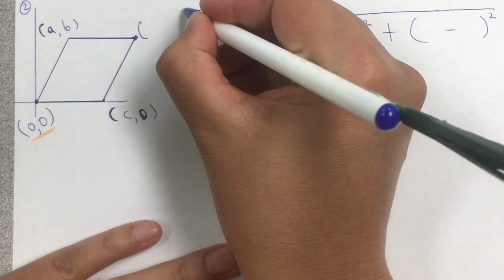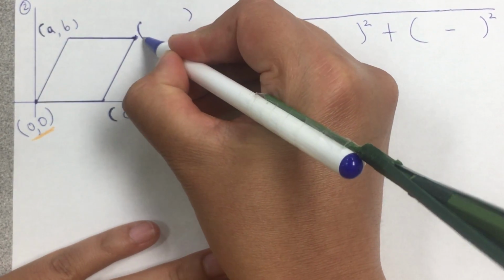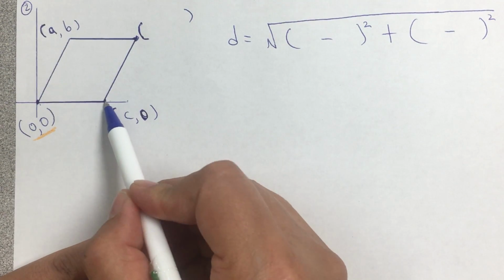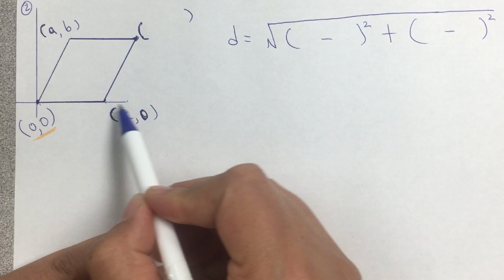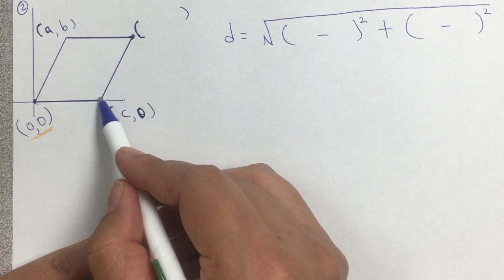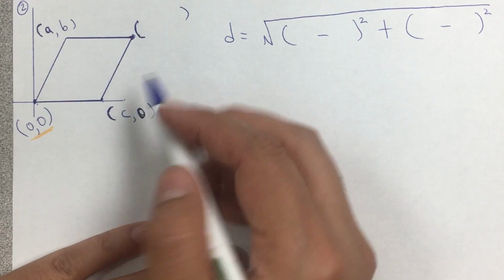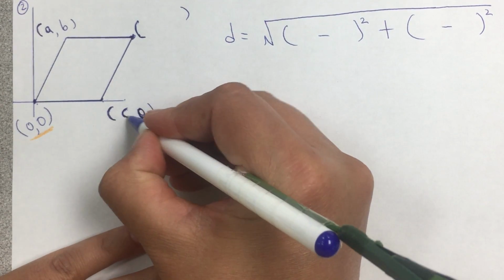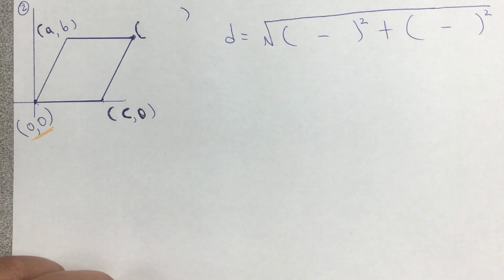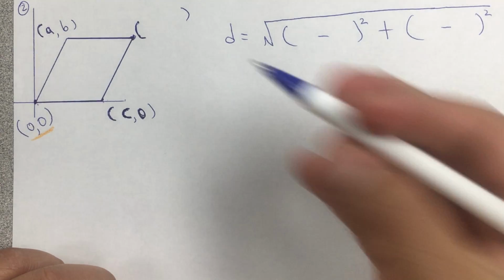And then for this one, the measurement is C, because they're giving us this point, we know that from here to here, that's C. We don't know how much that is, but we know that it's represented by the letter C. It can be 8 units, 5 units, 3 units, we don't know.